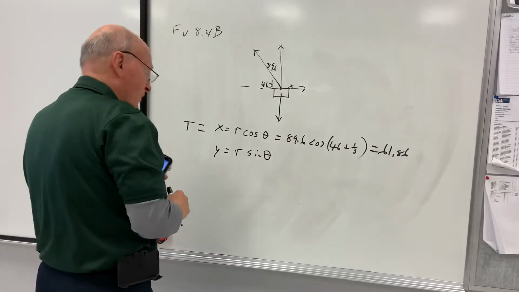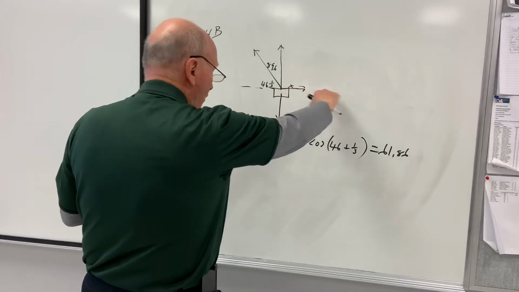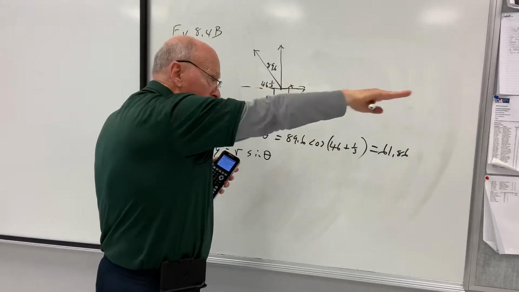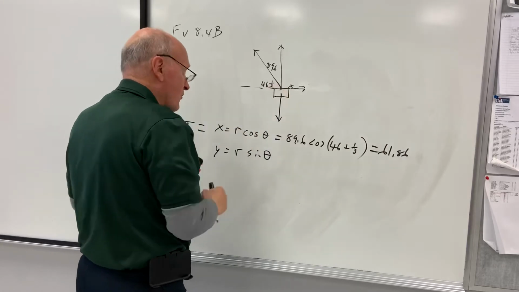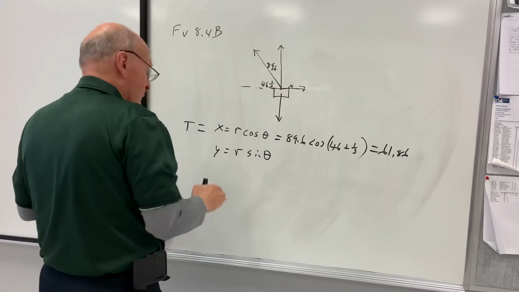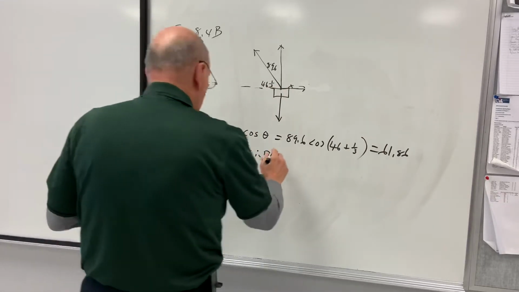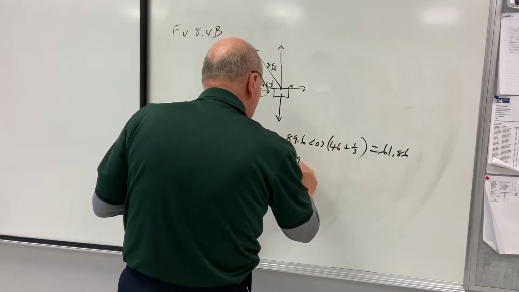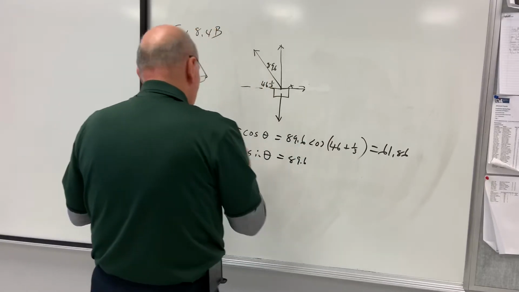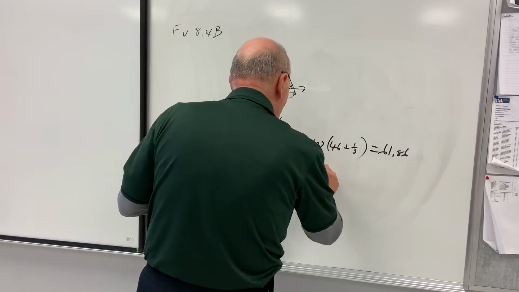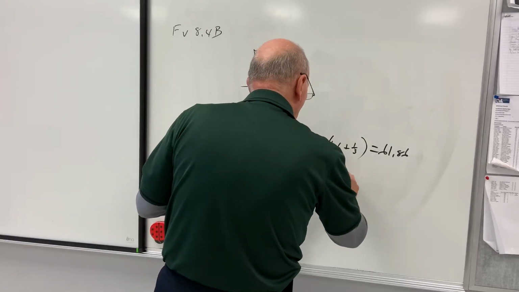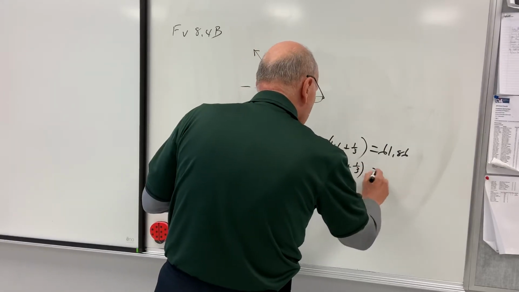Next, I want to know the weight of the crate. That's the y component on this. There is no y force when it's going horizontal, no y force at all on it. So it's going to be just the y component of this. So that would be r, which is 89.6. And this time, since we're doing y, we know that that's sine of 46 plus 1/3 again.